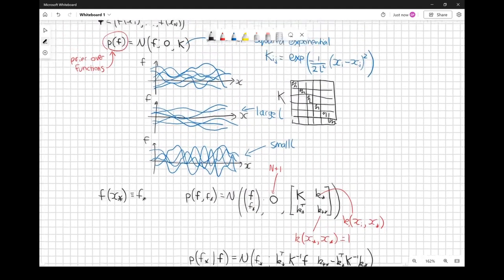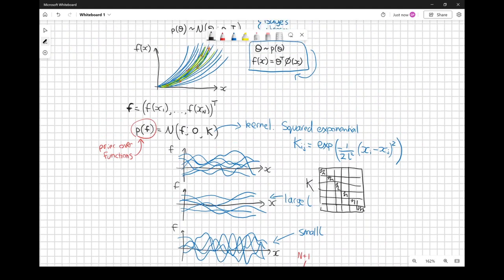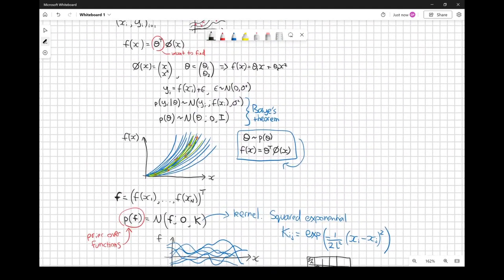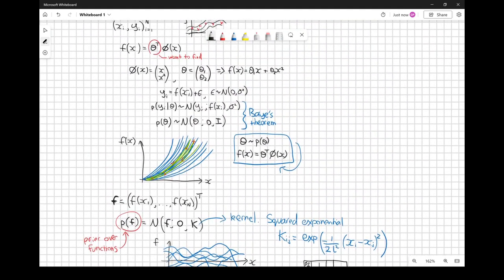And we believe that, if we go all the way back up here, we have this noise model. We believe that what we actually observe is a noise corrupted version of this true function f, and we don't know what the true function f actually is.